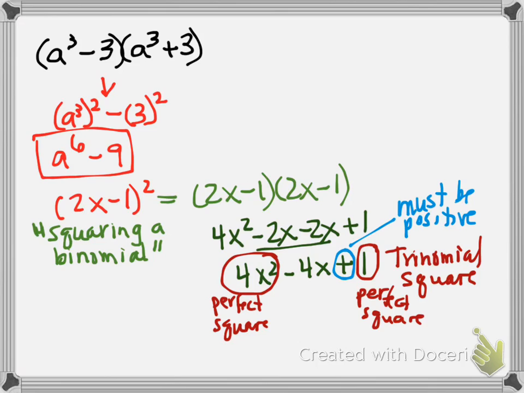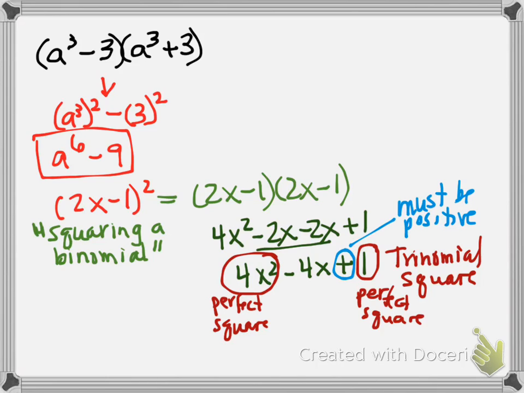Okay, what showed up twice when I did it the normal way? Negative 2x, right? It showed up twice, okay? Where did negative 2x come from? 2x times negative 1.